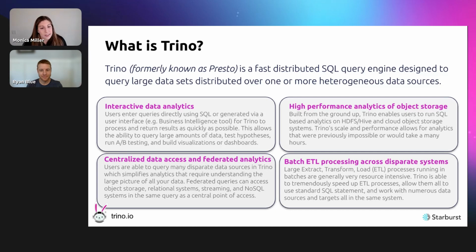And then lastly, Trino is used for batch ETL processing across different systems. Typically data is loaded into object storage, let's say S3, and maybe you want to prepare that data to be processed for an ad hoc user or a BI tool. Often this can be a pretty resource intensive operation, and Trino can do this quite well.